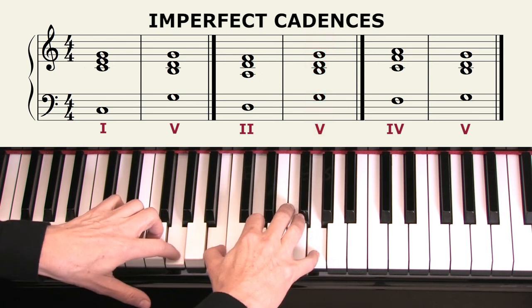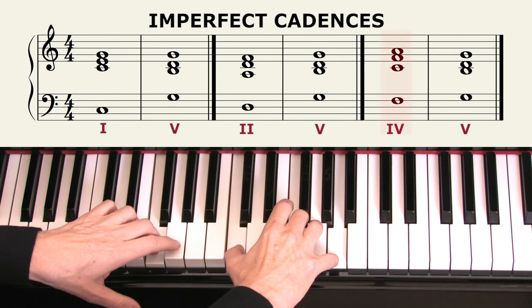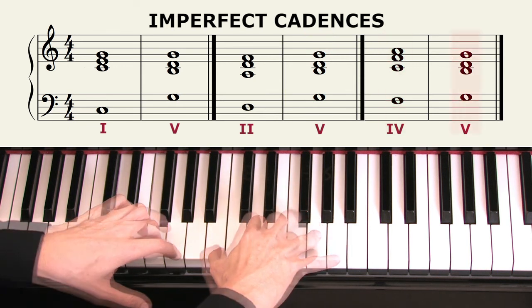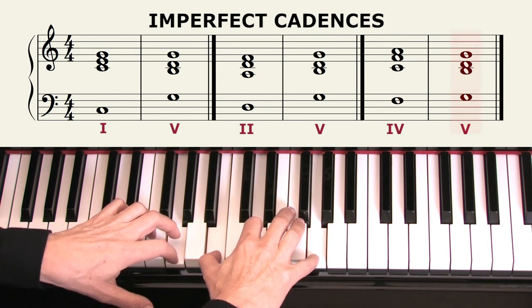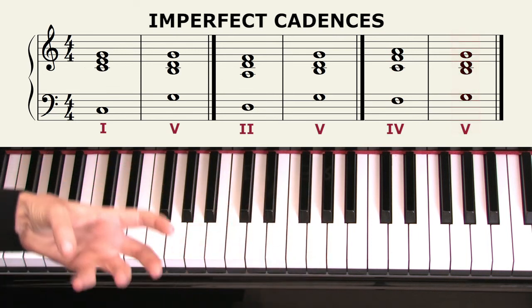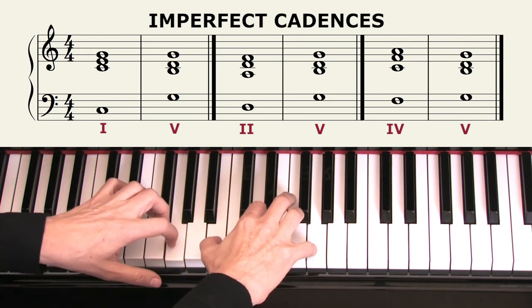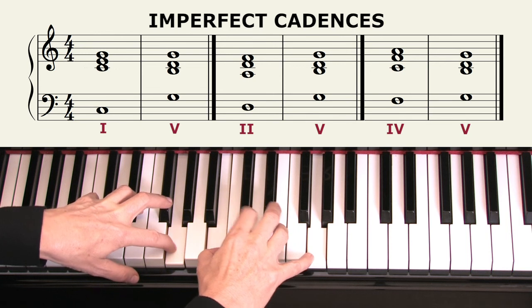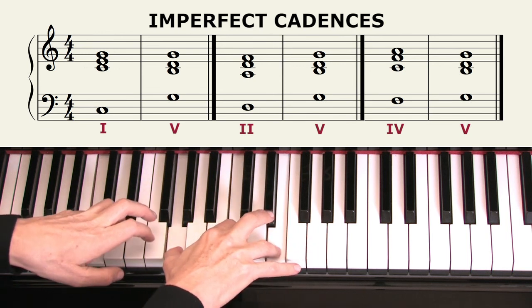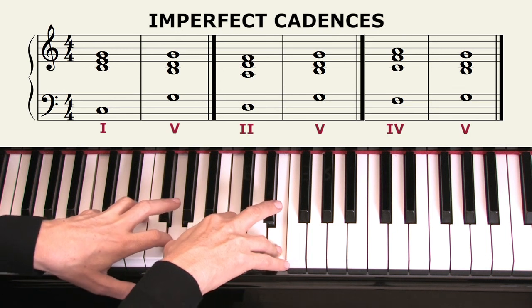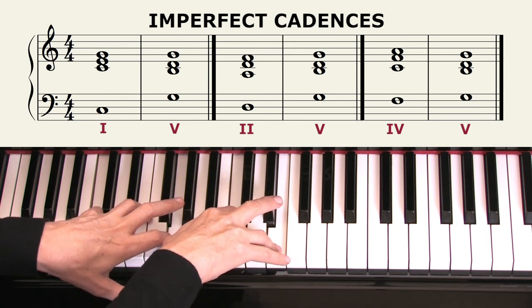Or it can start on chord 4 and go to chord 5. Always with the imperfect cadence, we end on chord 5, so we always feel that we want to come back to chord 1 and end in a perfect cadence. That's something that our ears naturally want to hear as an ending.